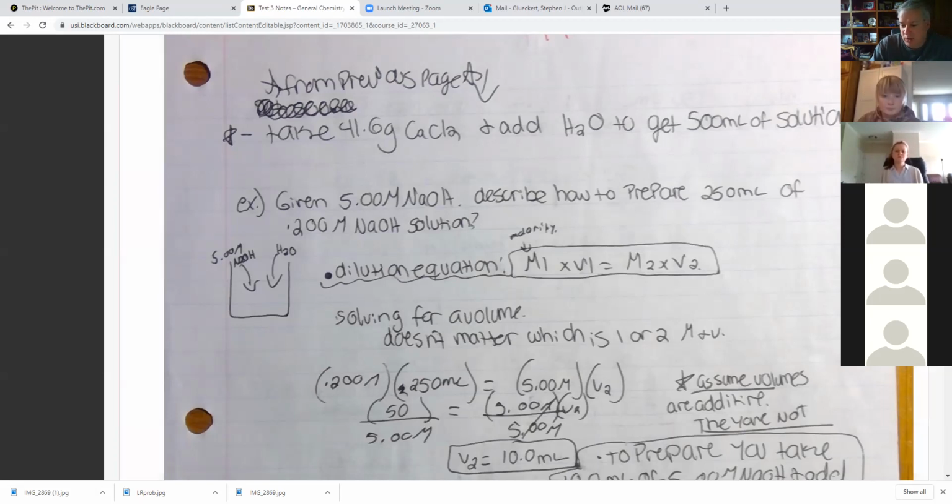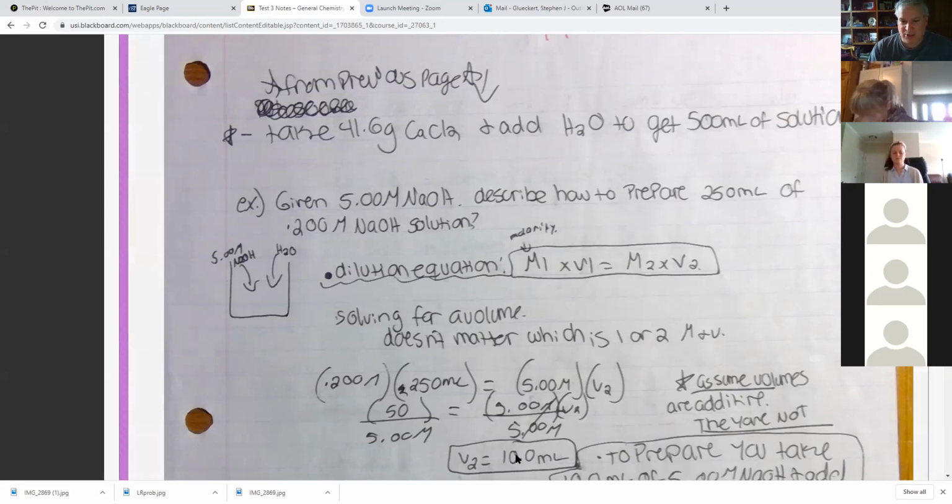All right, so what do we do here? We crunch our numbers. Again, our setup is 0.2 times 250 equals 5 times V2. I went through the algebra here, and hopefully you're comfortable with this. Basically, multiply those two, divide by the 5, and we get V2 equals 10 milliliters. So what does that mean?